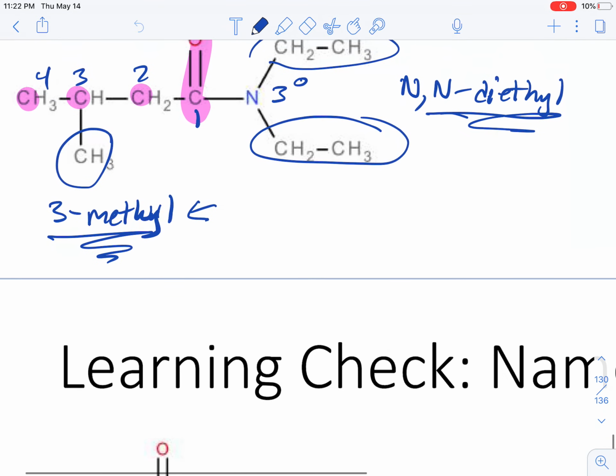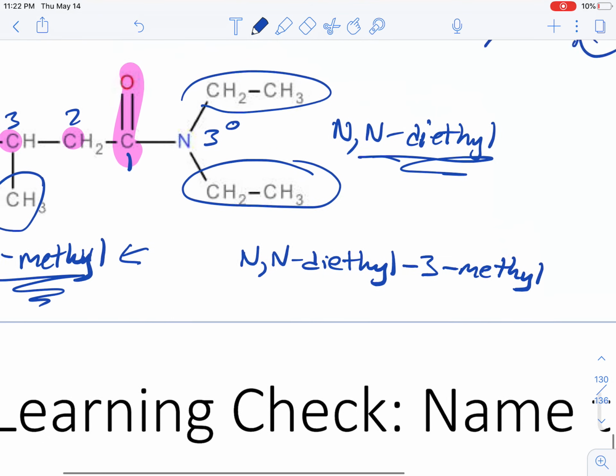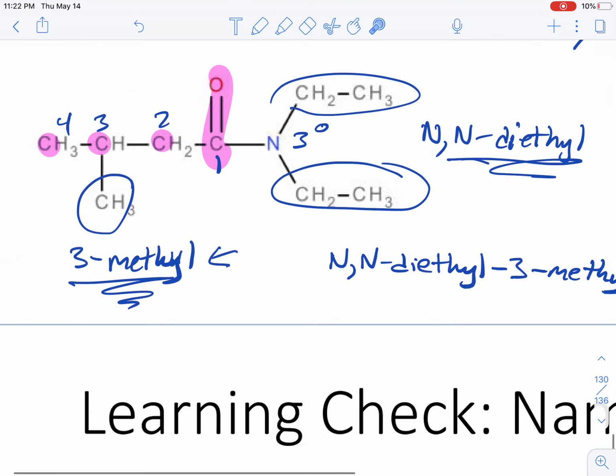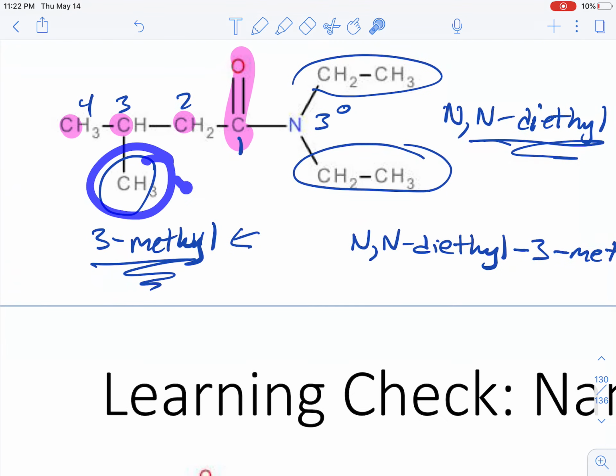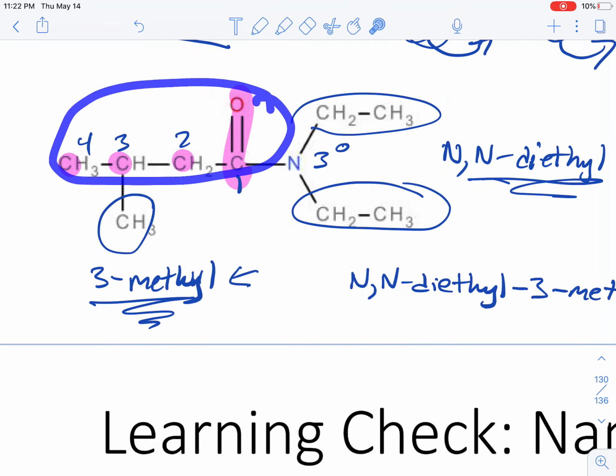And so I'm going to go ahead and write N,N-dash-diethyl-dash-3-dash-methyl. Okay, and so this part completes naming this and this. That finishes naming this portion of the organic molecule, leaving me with just this part to name.